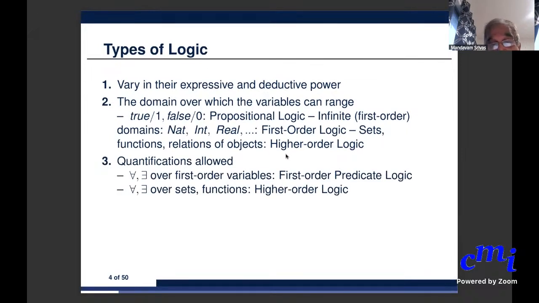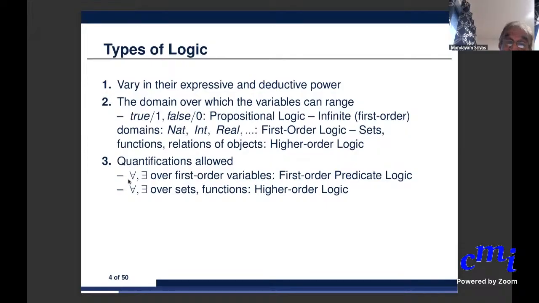The other way the logics vary is whether you have quantification over variables allowed. This again enhances the expressive power of the logic, and also the complexity of deciding the truth value of these assignments. So quantifications can be for all or existential, over first order variables in first order predicate logic.